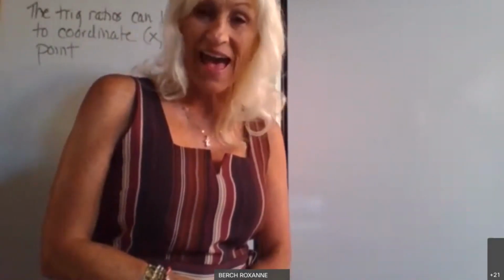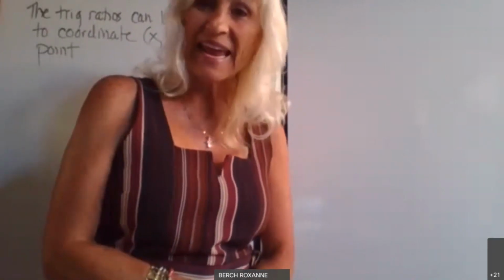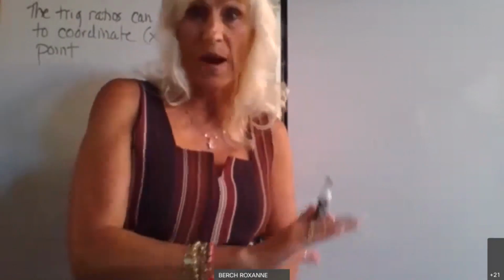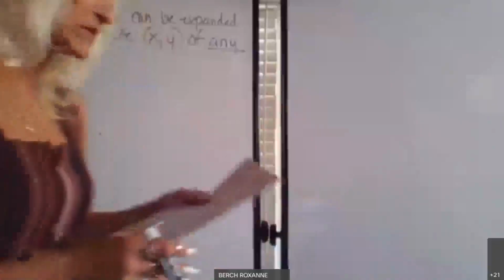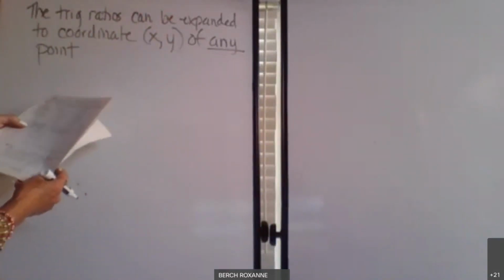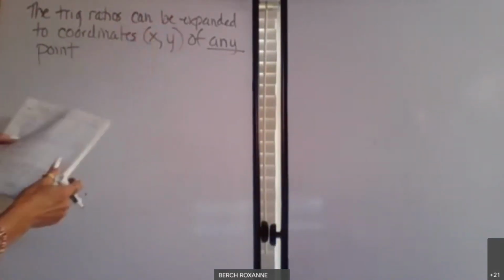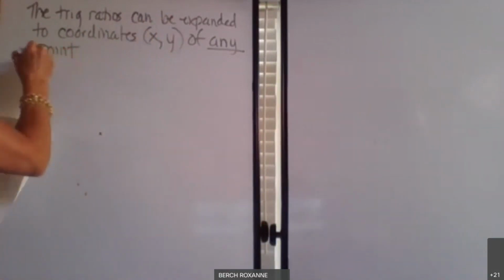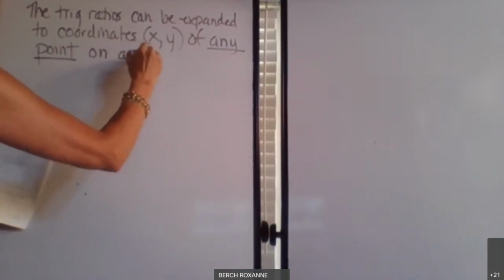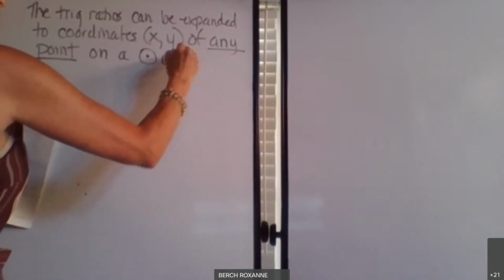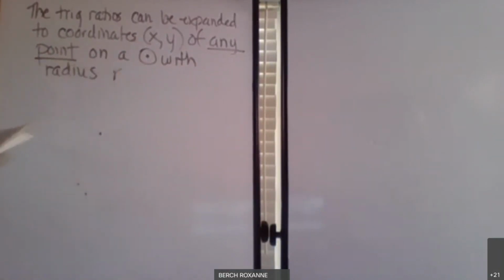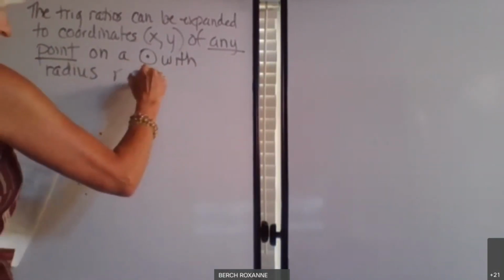But now I'm saying that we can expand this to find any point on a circle with radius r, not just a unit circle. So the trig ratios can be expanded to coordinates x, y of any point on a circle with radius r centered at the origin.